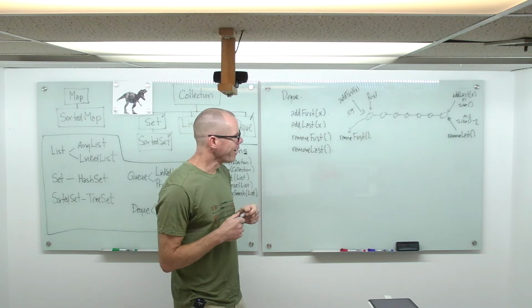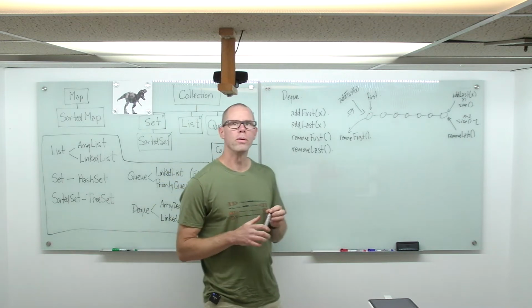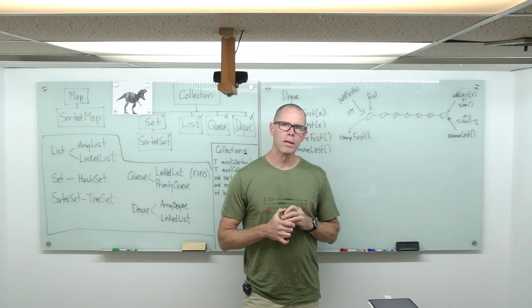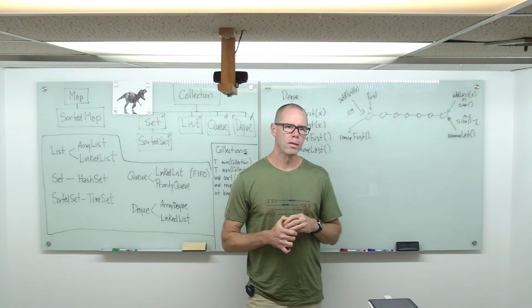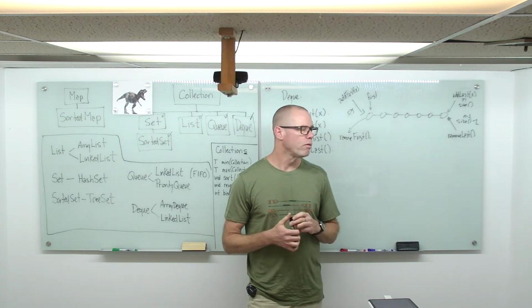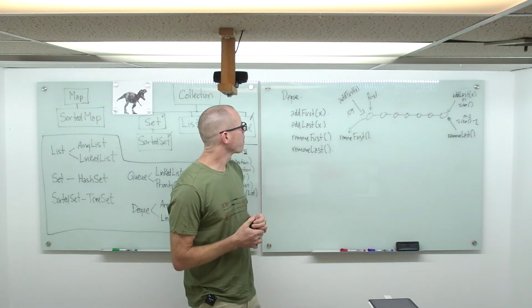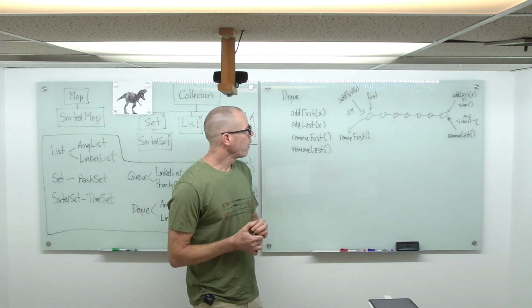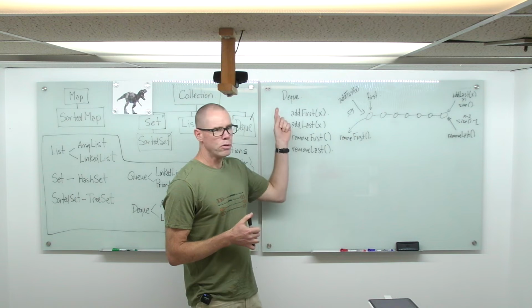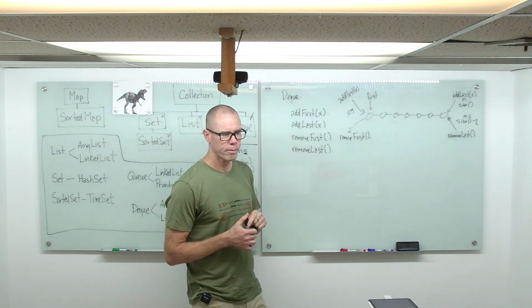So it's not a standard data structure, but it's one that you can build fairly easily with the things that we learn in this course. In fact, you can build such a thing fairly easily using 2 deques.